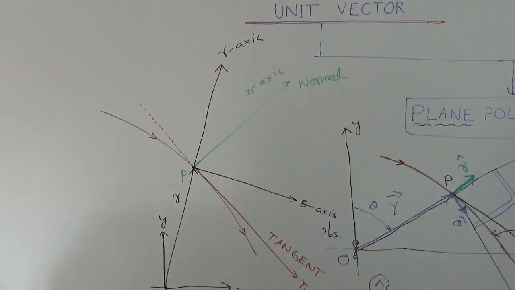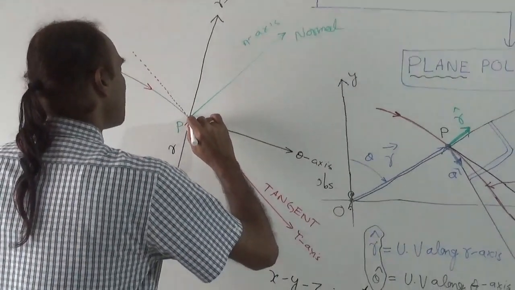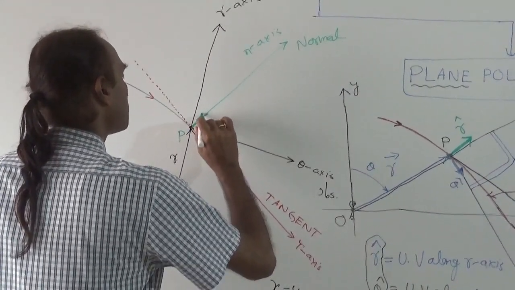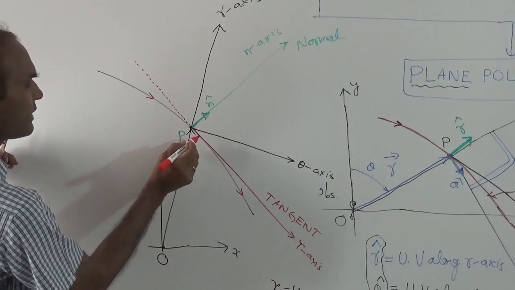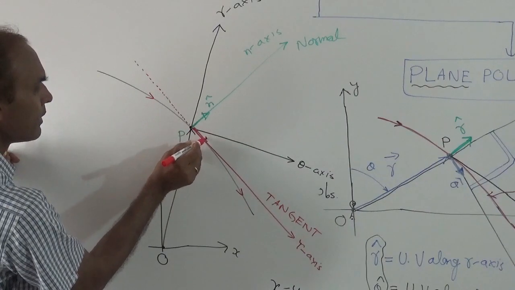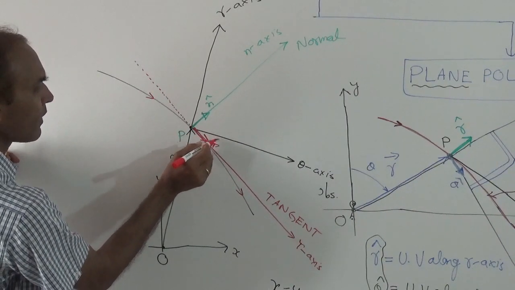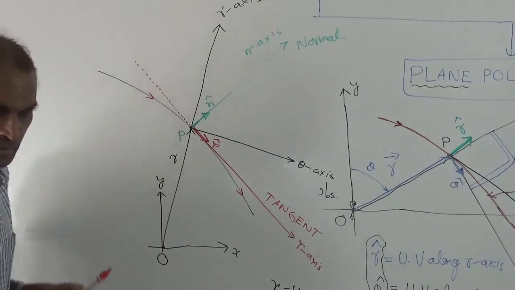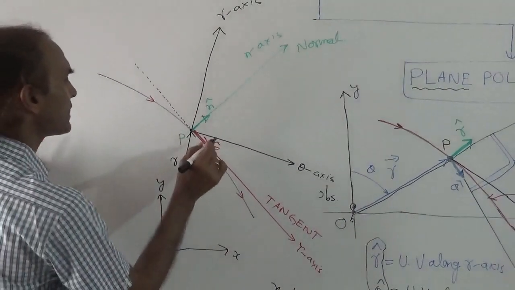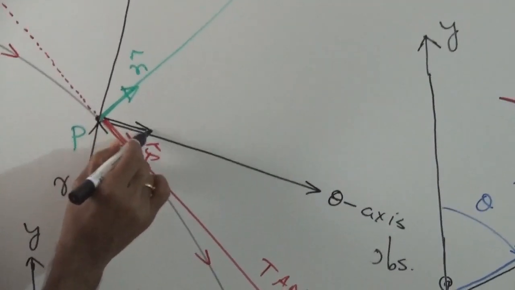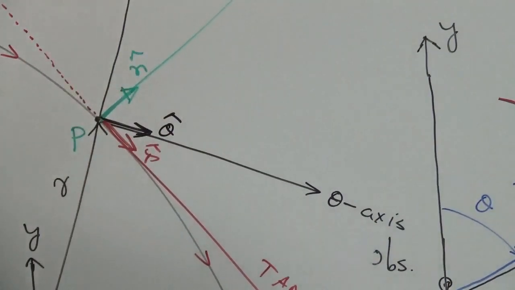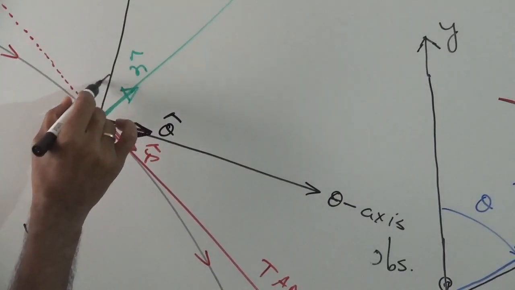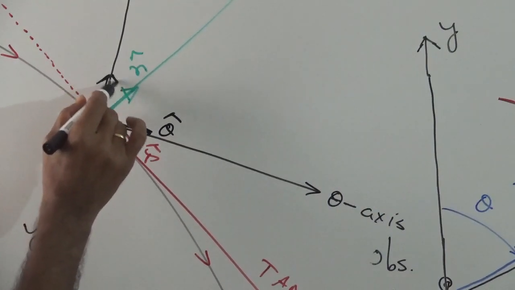Any unit vector along the n-axis, the normal direction, is n cap. Any unit vector along the tangential direction is tau cap. Any unit vector along the theta direction is theta cap. Any unit vector along the r direction is r cap.